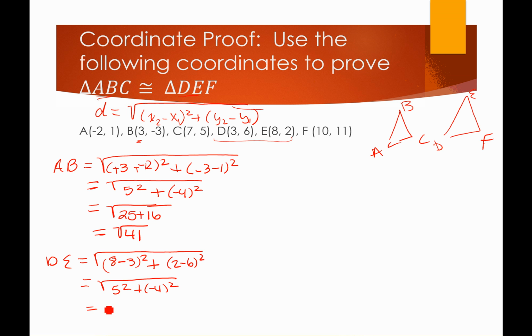So I'll even let you skip that step, and we'll say that these are congruent. So far, we're checking out. We got AB and DE. So let's look at a different side.